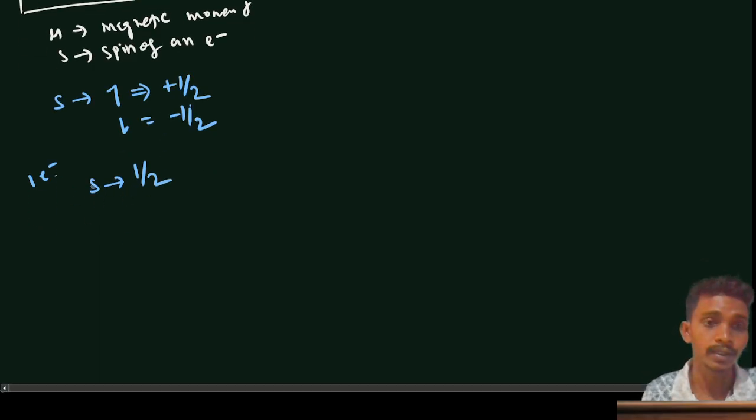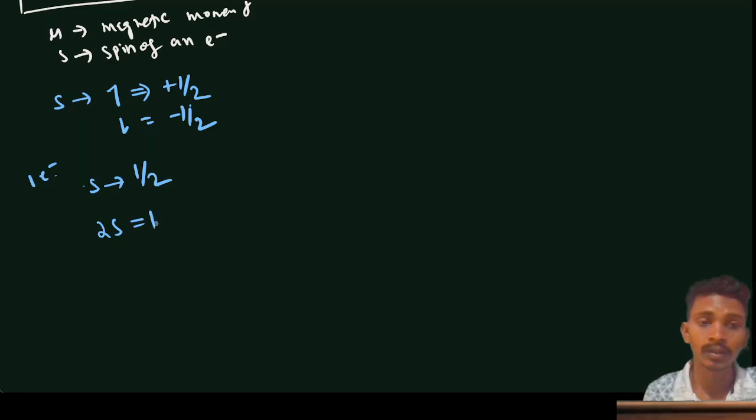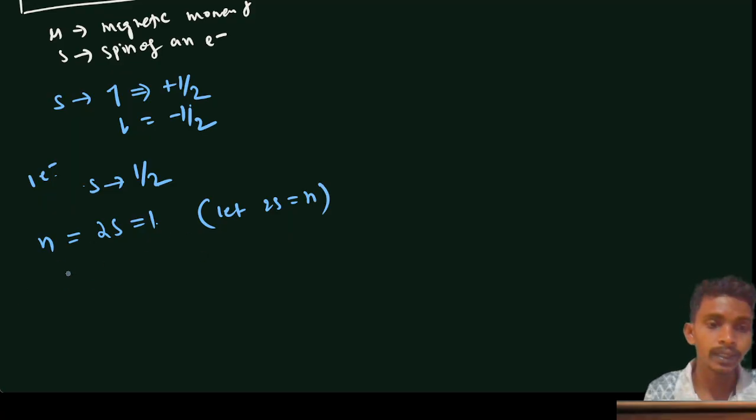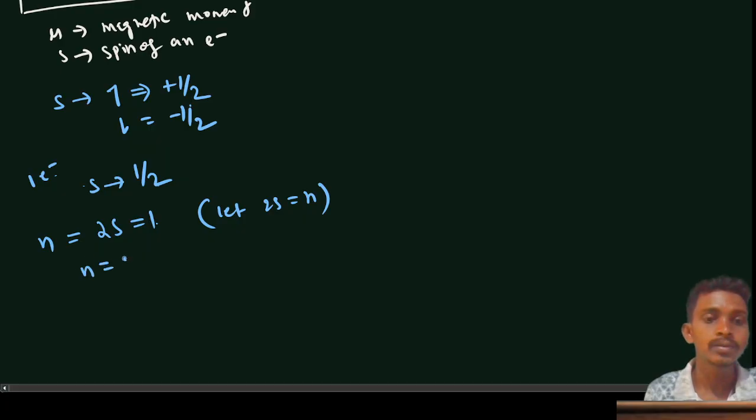So what I'll do is multiply, so that 2s equals 1. Okay, 2s equals 1, and this one I will assume as, let's say, n. It means I assume 2s equals n. So if n equals 2s, then that value is 1.